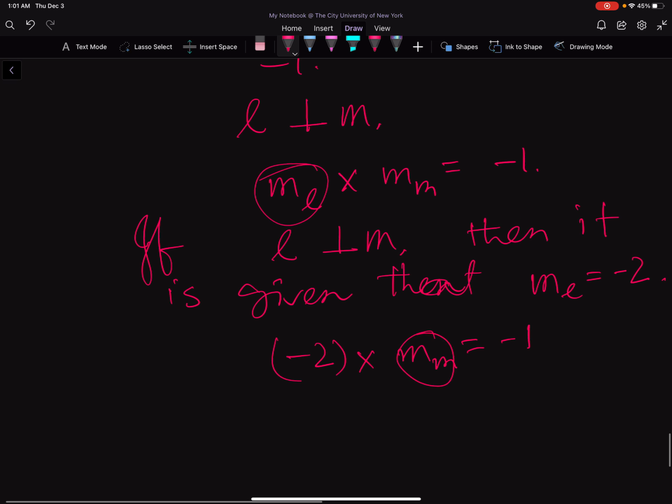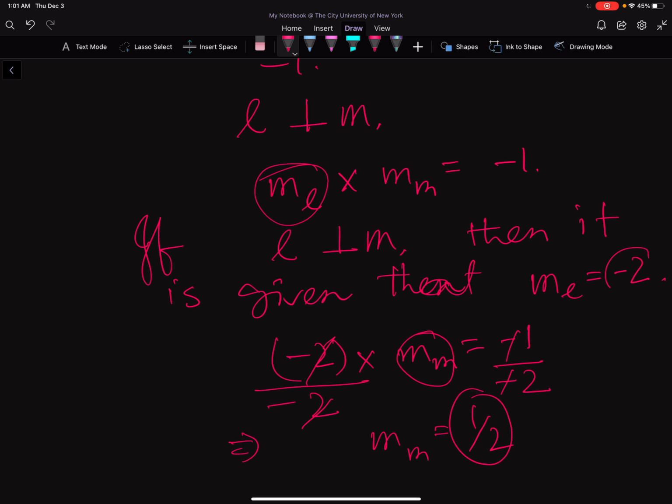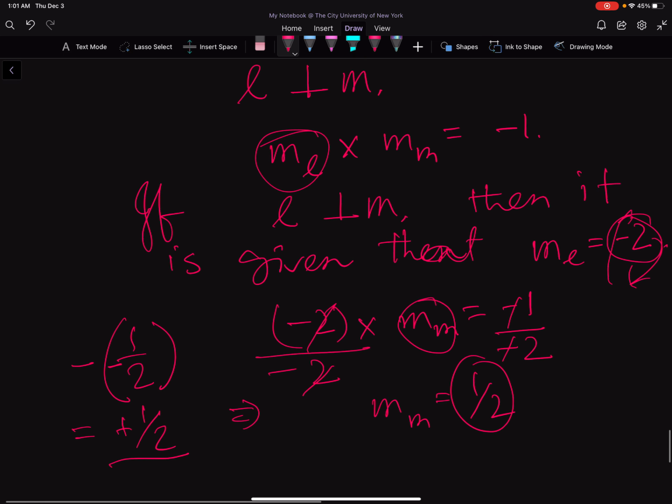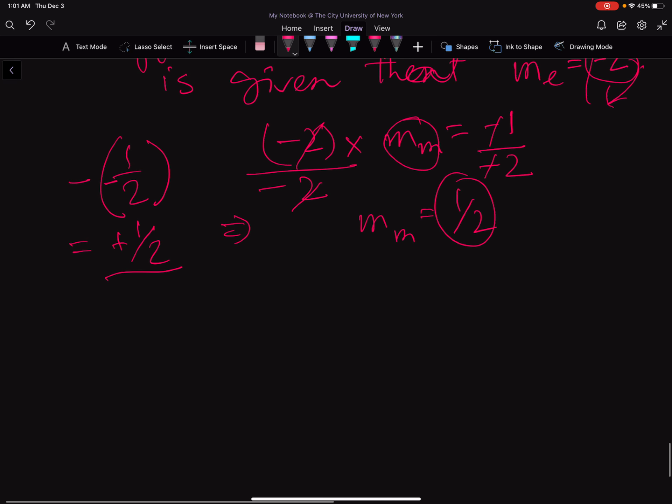We want to find this out, so we divide that side also by -2. So the slope of M is 1/2, which is the negative reciprocal: the sign goes down, goes up. So positive half. So this is what we have learned so far.